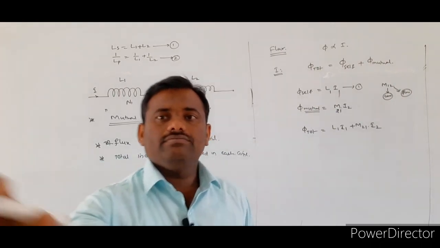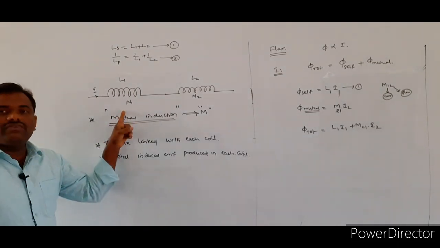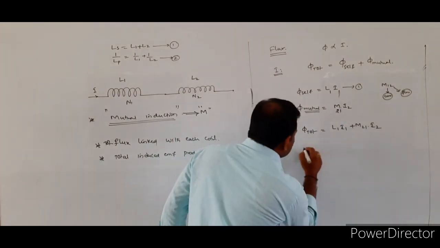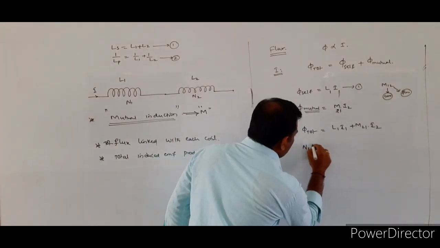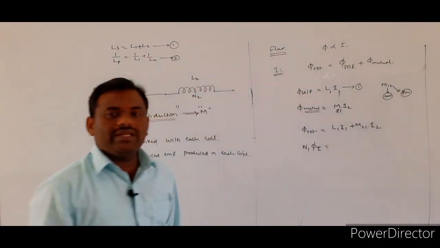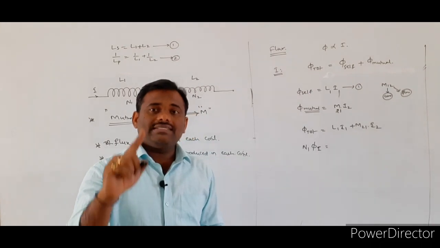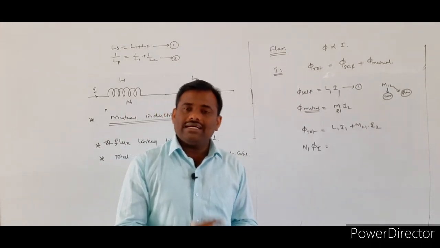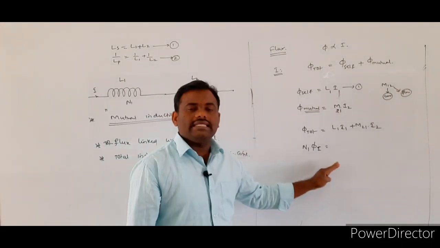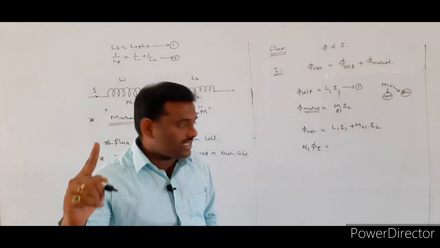We are assuming that the first coil consists of N1 turns. Therefore, the total flux is equal to N1 phi 1. Phi 1 denotes the flux linked with a single turn in the given inductor coil, and N1 phi 1 denotes the total flux passing through the first inductor coil.